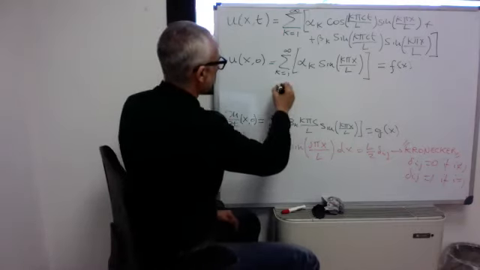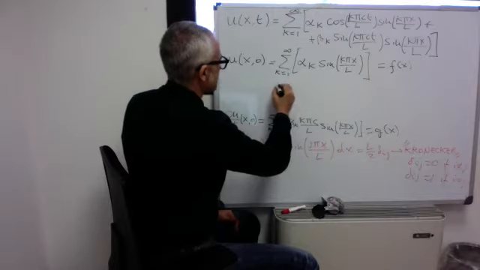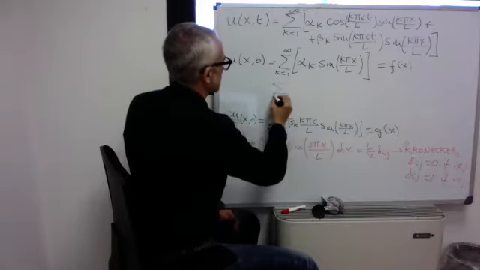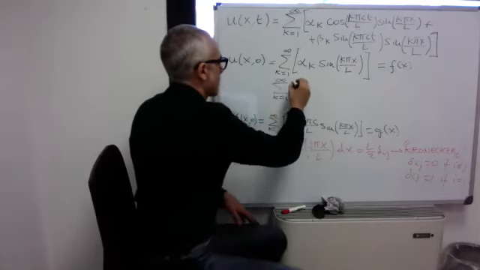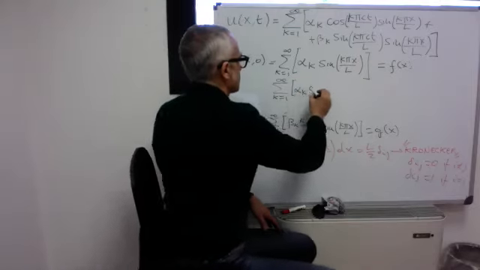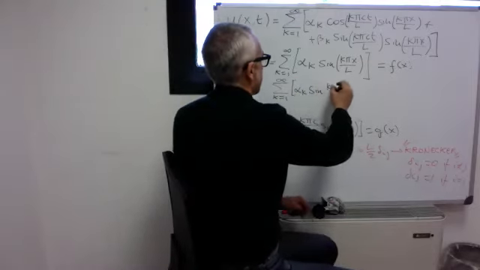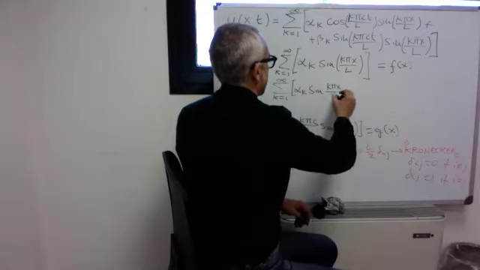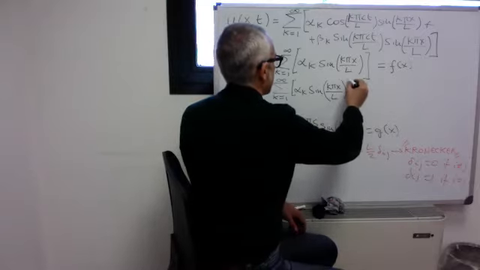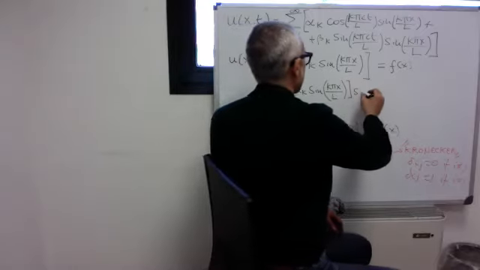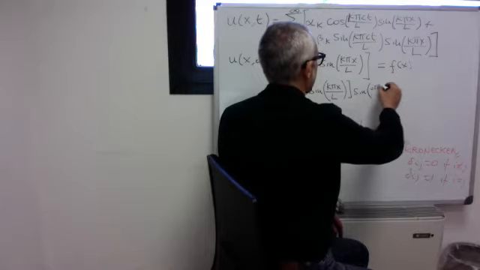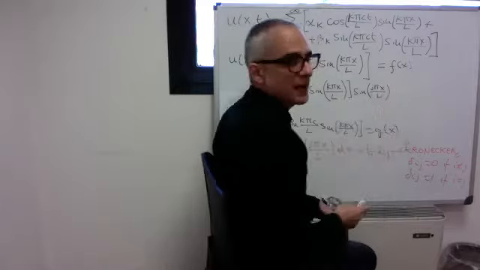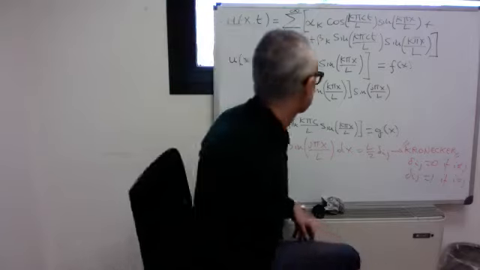So I'm going to multiply both sides with the sine of j pi x over L, where j again is an integer number.